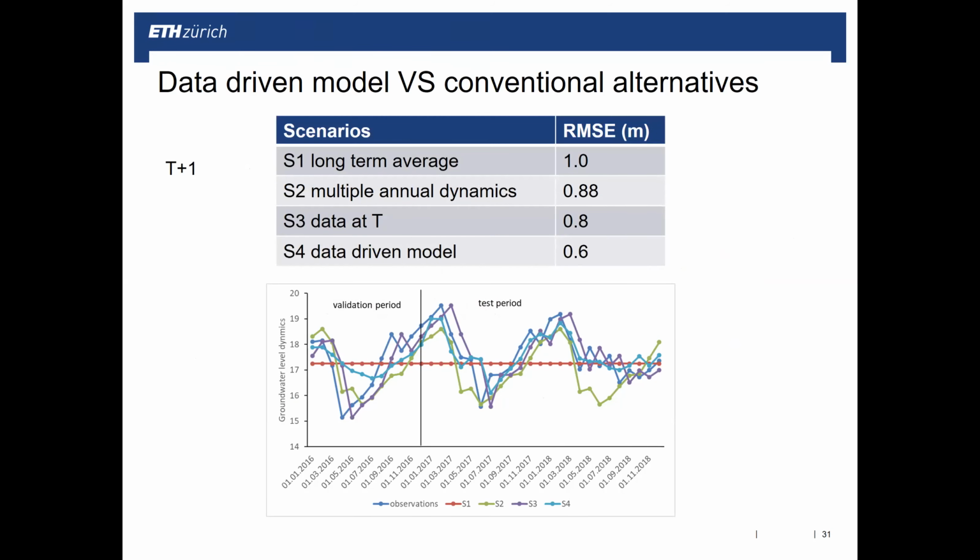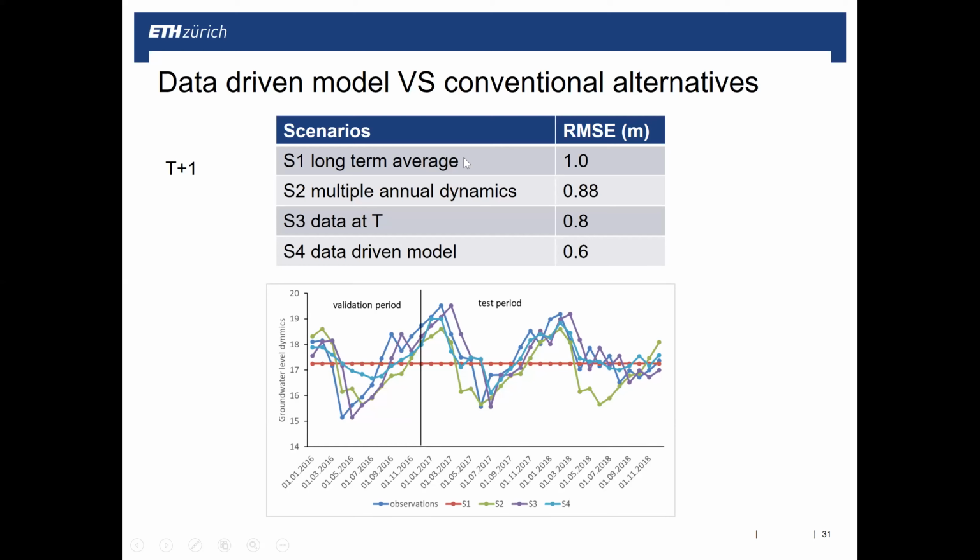And here we also compare the result from the data-driven model and the conventional or traditional alternatives applied in hydrological forecast. So what are the conventional scenarios? The first is the long-term average.